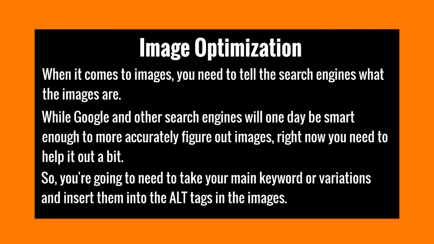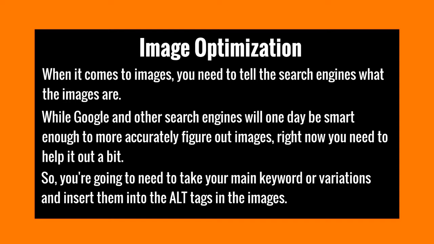And what I recommend is the first image that you have, you're going to want to put the main keyword in there. Now, make sure that it actually relates to the image itself. So if the image is an image of a shoe, you definitely don't want to put something like a peanut butter sandwich. You definitely want to put something that's related, right?